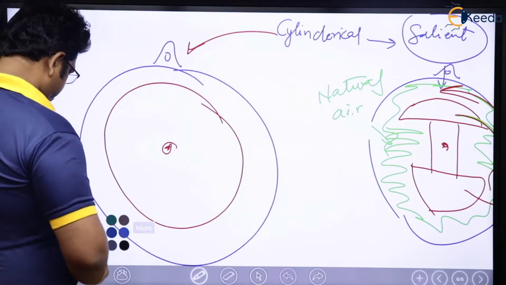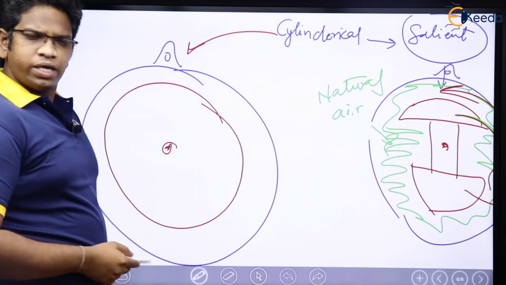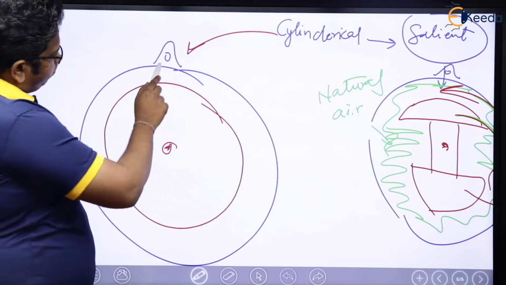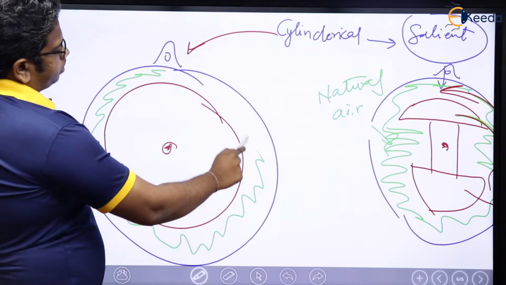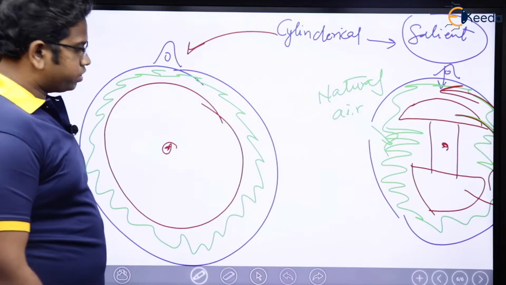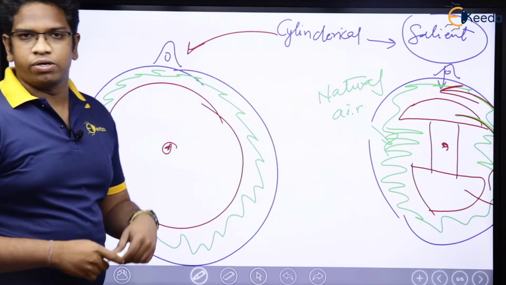Now, if you see, the air gap is the same everywhere. The moment the air gap is the same everywhere, the air is going to be the same everywhere. Same or not? Which means, now see here, if my cylindrical rotor has to rotate, for example, this is a cylindrical rotor. Let me take one more.